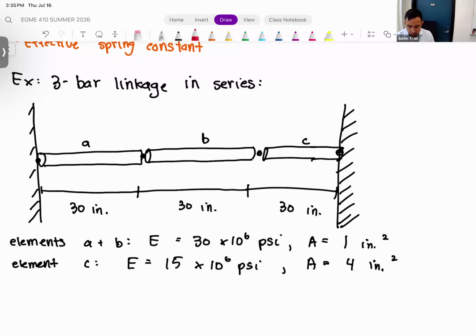Okay, so that's our system. That's our geometry and all the properties. We do need our force, otherwise this structure is not going to be exciting at all. We're going to assume that we're applying a force right at the second node, and it's going to have a magnitude of 3,000 pounds.